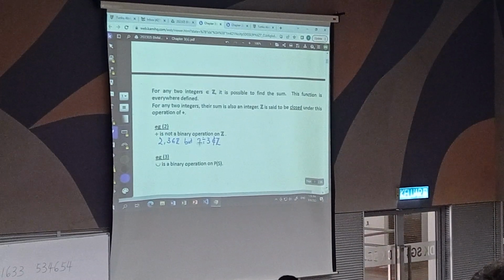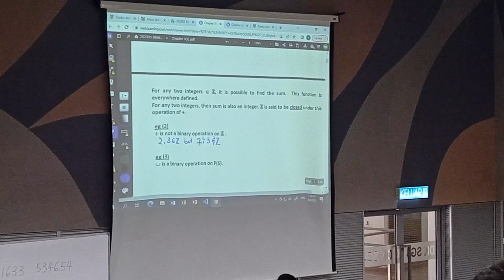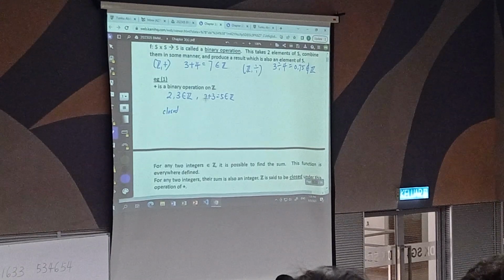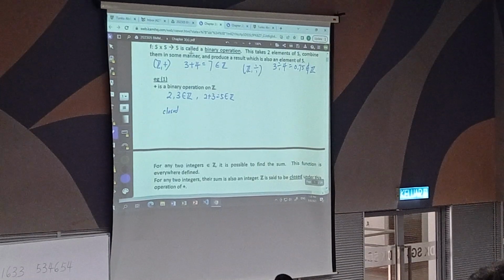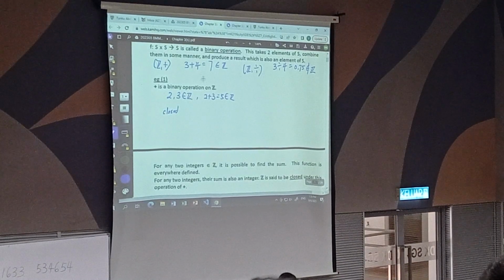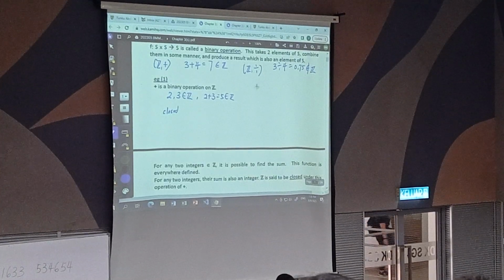Just now I showed you 2 plus 3 is 5, only one example. Actually, we cannot show it like that to say that it is valid. This one I gave you like this to make you understand first. Next time, when you do your tutorial and you want to show that the binary operation is valid, how do you show this? You need to use a general form.